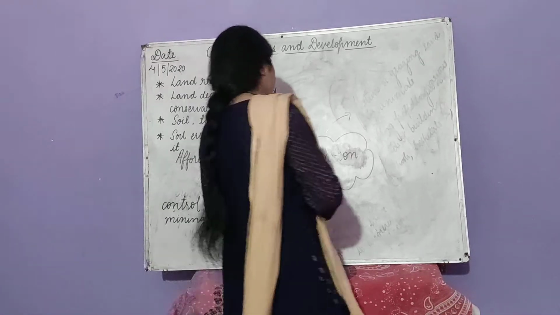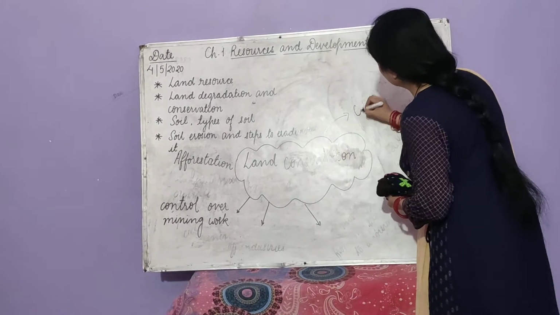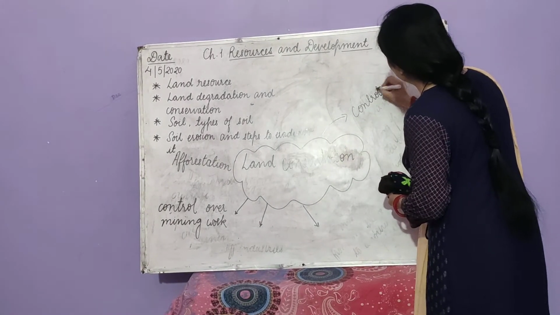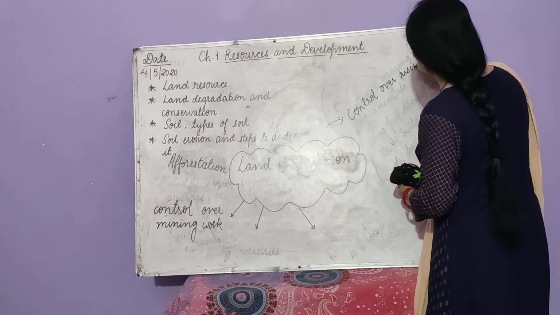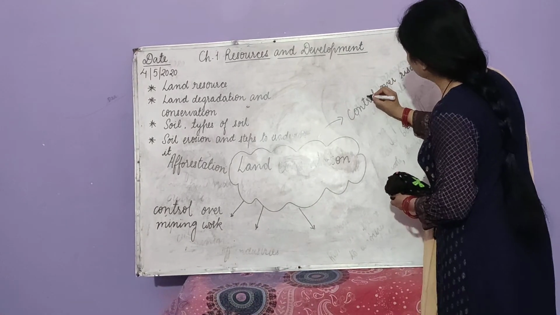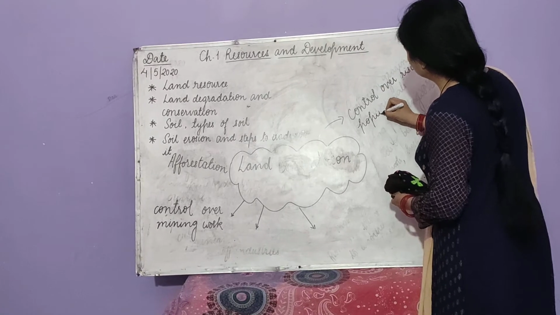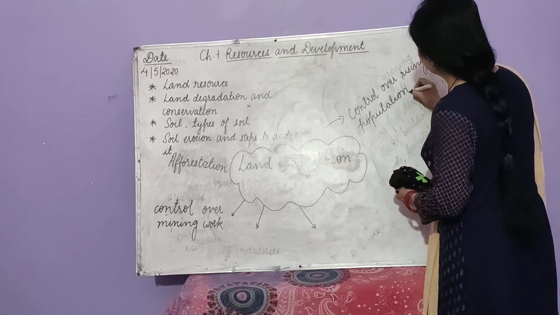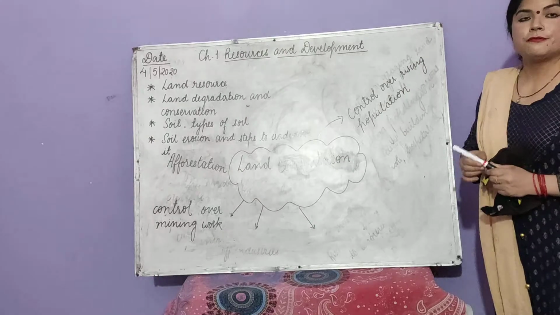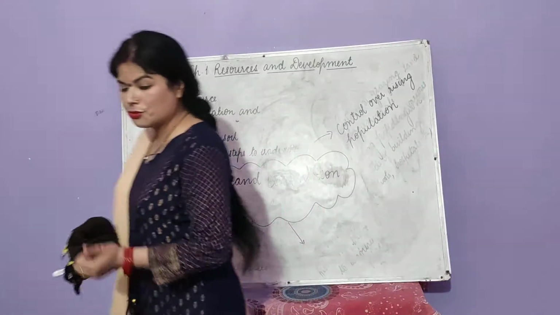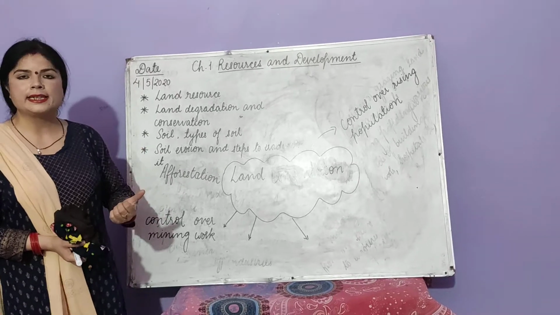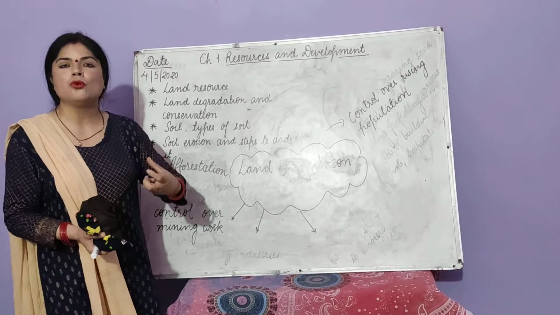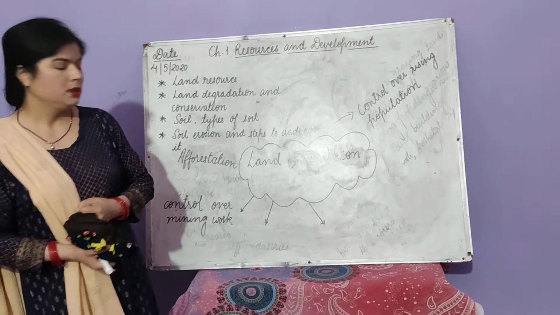Next is control over rising population. If we are able to have control over rising population, really it is a sign that we have control over our desires also.